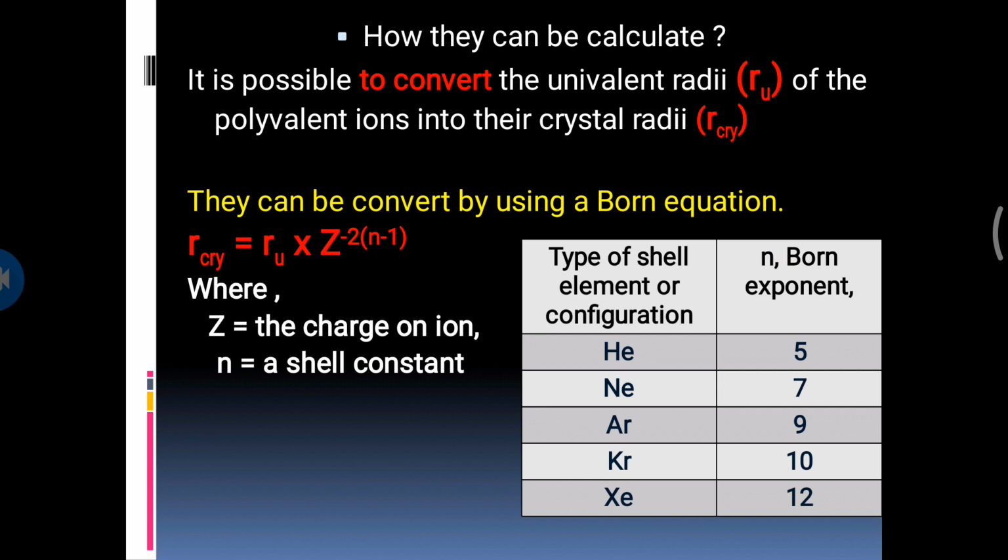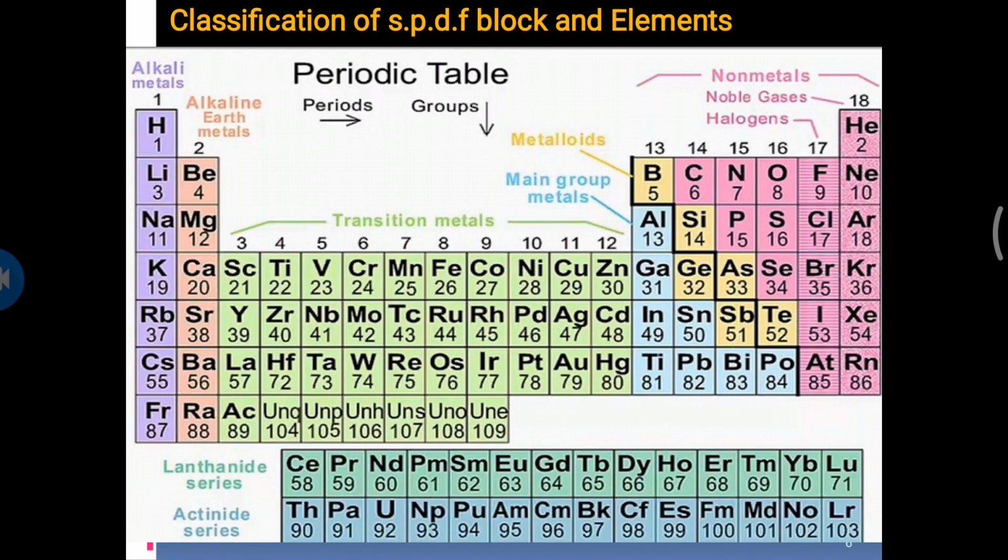Helium, its Born exponent is 5. If the ionic radii belongs to the neon family, at that time the n value or Born exponent we use is 7. Here suppose potassium, a first group element, loses one electron to form K+.